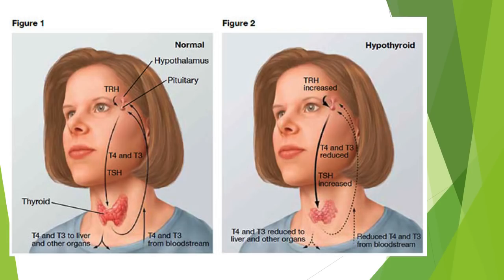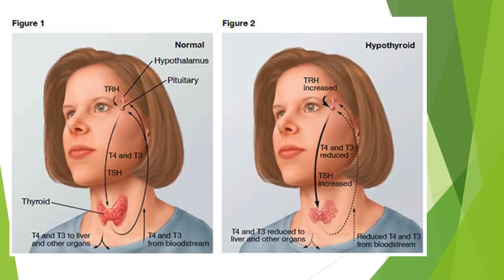And again, in this schematic here are these pictures. On the left, you can see the normal function of the thyroid, in which the hypothalamus detects that there's low T4 and T3 in the bloodstream. It then stimulates your TSH to affect the thyroid to allow for more production of those two hormones.